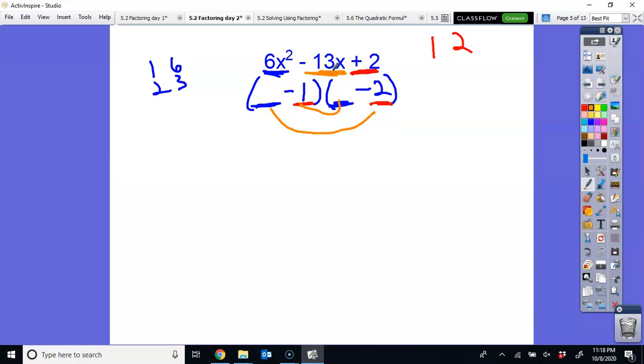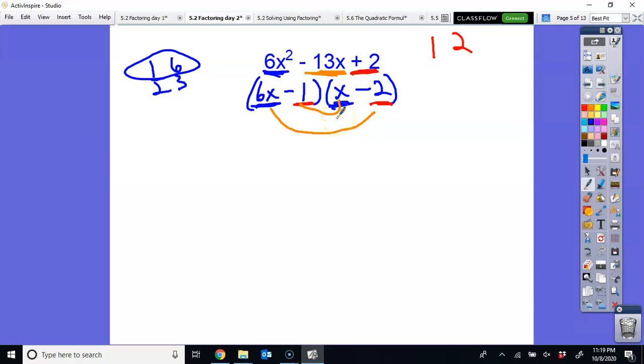So use your noggin here, use your brain. I need something that's 13, but I got 6 and 2 here. That means I'm going to have to put something here like 6, because that's going to make 6 times 2, 12. That's going to get me closer to 13. Now, if it doesn't give me 13 when I put the other one here, 1x, 6 times 1, then I'm not going to leave them there.